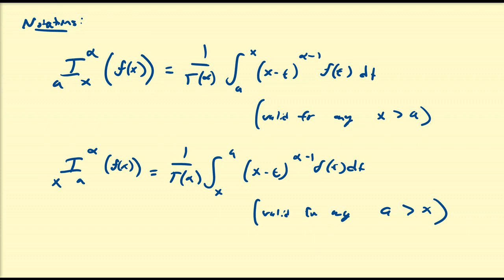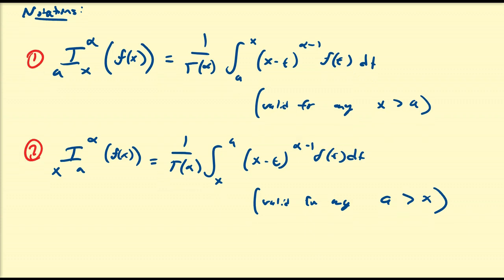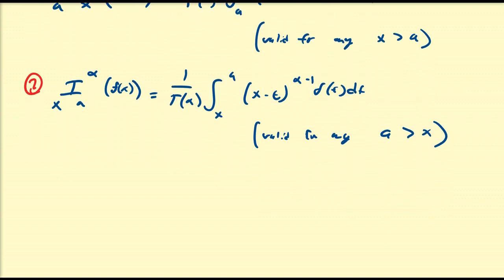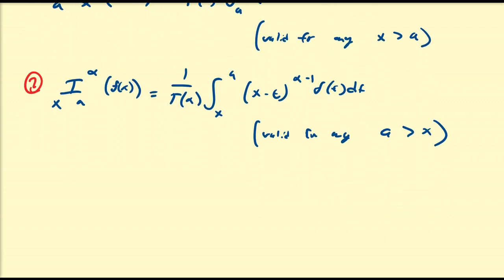Alright, so these are the two, or I guess you could think of it as one, definition of the Riemann-Liouville fractional integral, which we actually derived from a modification or generalization of the Grunwald-Letnikov representation. So let's work on an example of how to calculate the fractional integral of a particular function.